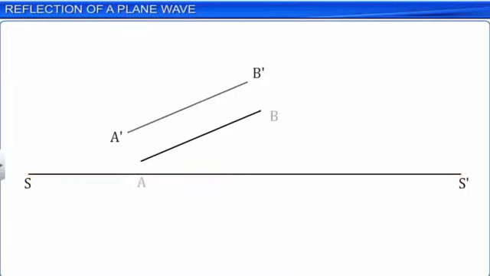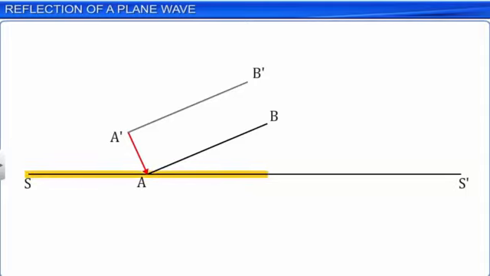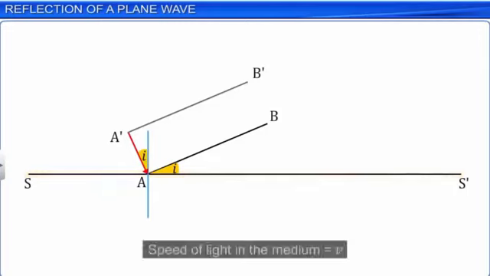Let AB be the position of the wavefront when it just touches the reflecting surface at the instant t is equal to 0. A'A gives the direction of propagation of the wavefront, and let us assume that the wavefront is incident on the surface SS' at an angle i, and the speed of the light in the given medium is v.